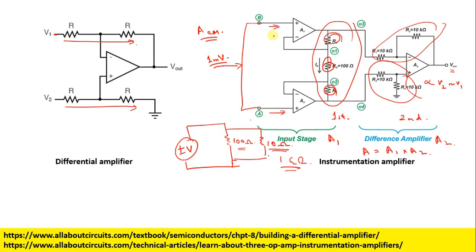Common mode rejection ratio, CMRR, is given by AD by ACM.